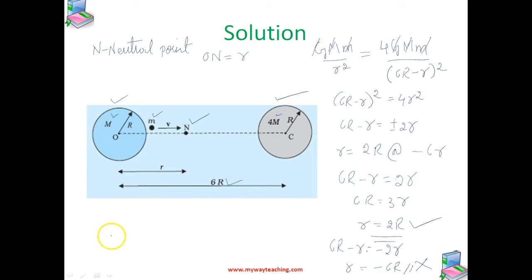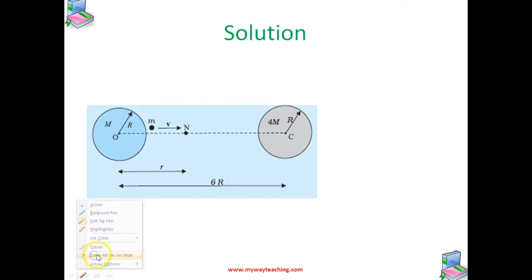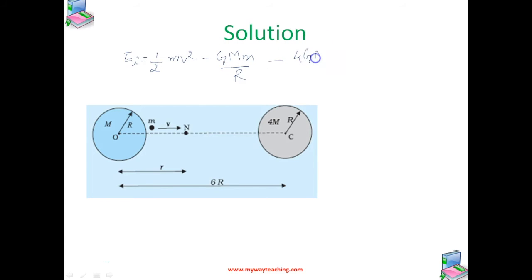The mechanical energy at the surface of m is given by Ei is equal to 1 by 2 m v square minus GMm by r minus 4GMm by 5r. So at the neutral point N, the speed approaches 0.